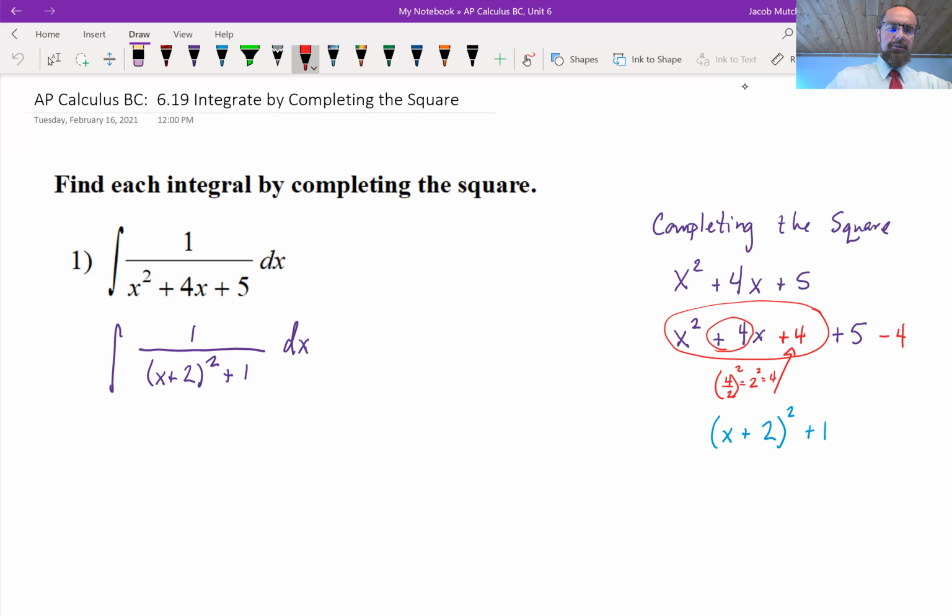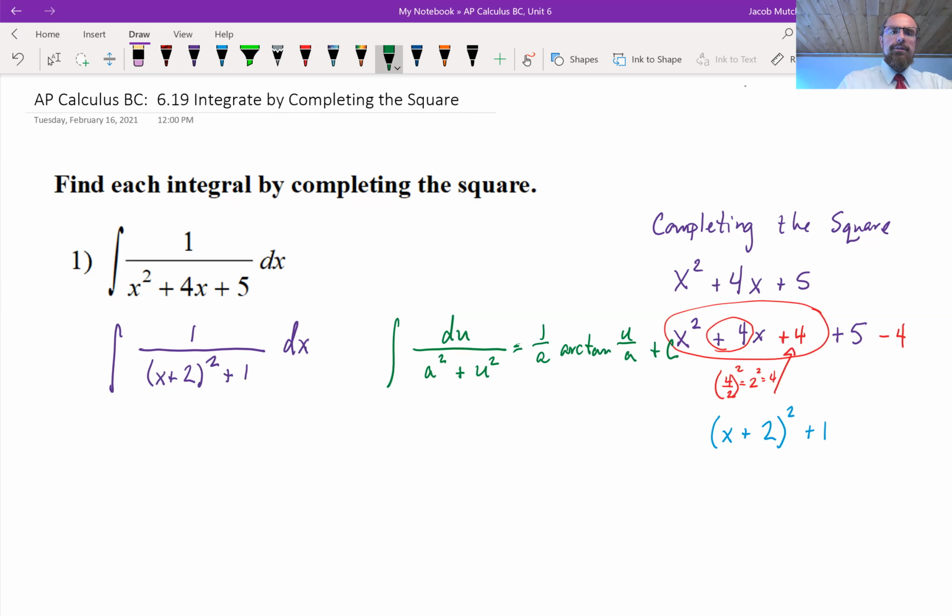We'll write it here to the side just so we can see it. It's the integration of du over a squared plus u squared, which has the integration of 1 over a times arctangent or inverse tangent of u over a plus c.